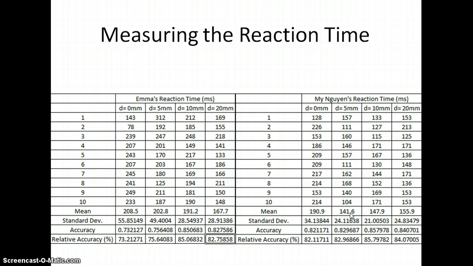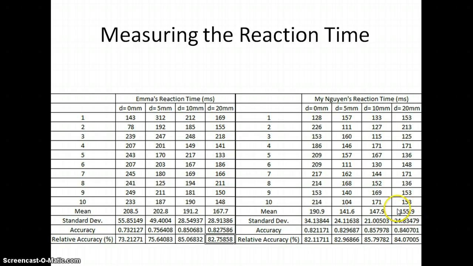So the average reaction time for this subject also decreased as it goes up from D equal 5 millimeter and D equal 10 millimeter, but we have a really weird case here where the reaction time is not decreasing but increasing.